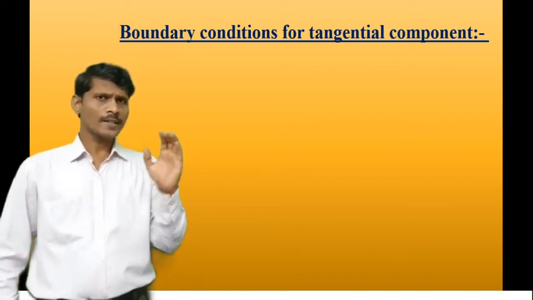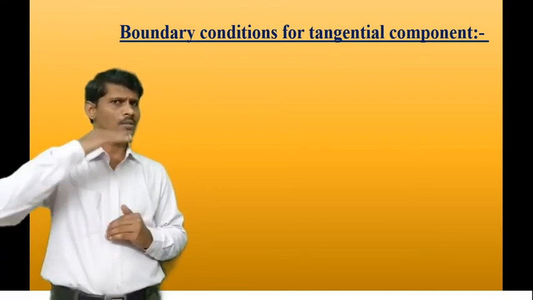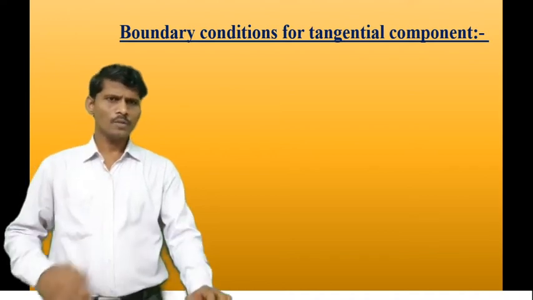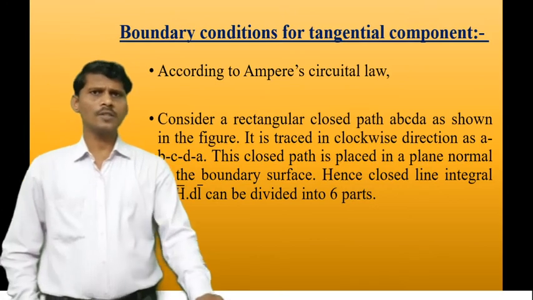The closed rectangular path is placed in such a way that half of the closed path is in medium 1 and the remaining half is in medium 2. So according to Ampere's circuital law, what is Ampere's circuital law?